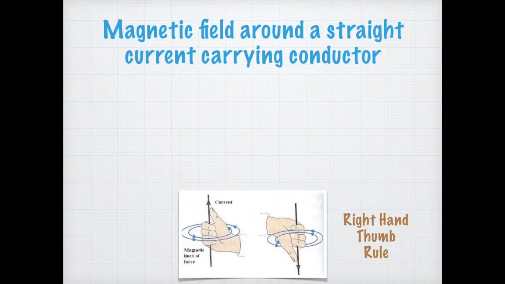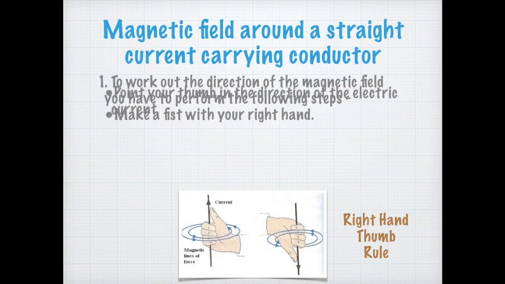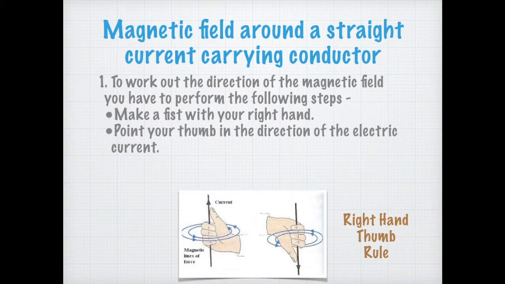So, in which direction are the magnetic field lines circulating? To check this, we have to perform an activity. Make a fist with your right hand and use your thumb to point in the direction in which the current is moving. Use your right hand, it's not going to work with your left hand. It's called the right hand thumb rule.